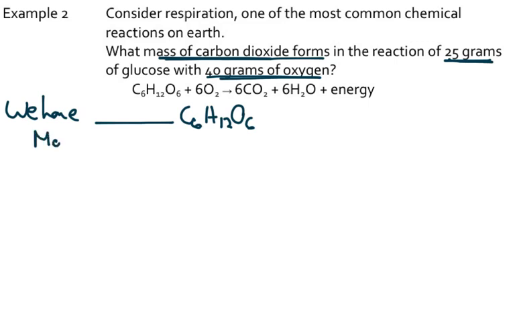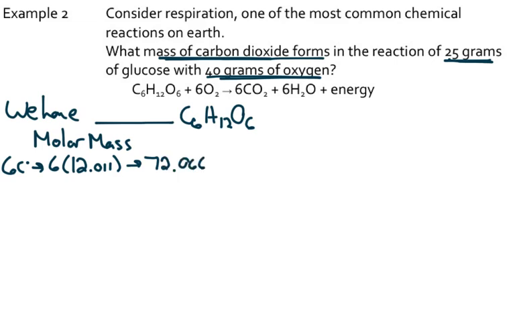So if we deal with the glucose, we need to know how many moles of it we have. To do that, we find the molar mass, which is slightly more complicated. It's a larger molecule. We have 6 carbons, each weighing 12.011, which totals 72.066. We have 12 hydrogens at 1.008, which totals 12.096.